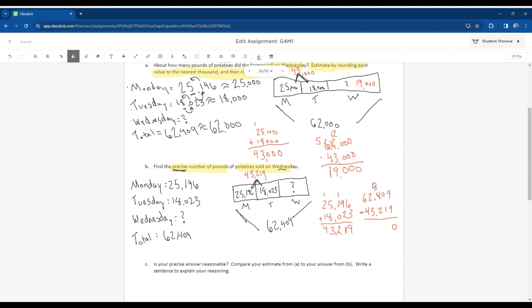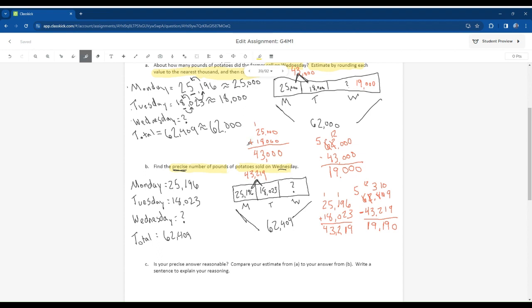So regroup one of these hundreds for 10 tens. And 10 minus 1 is 9. 3 minus 2 is 1. 2 minus 3, I'll have to regroup. So I'll regroup 6 10,000s for 5 10,000s and 10 10,000s, and I already have 2. So that makes 12. 12 minus 3 is 9, and 5 minus 4 is 1.